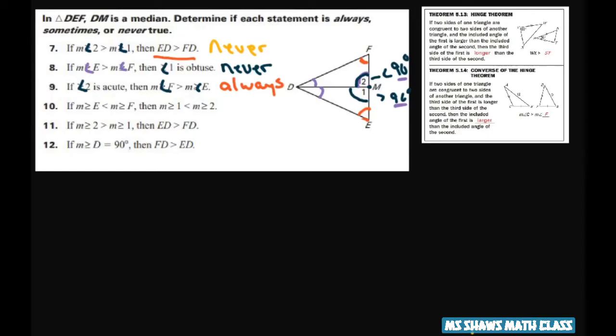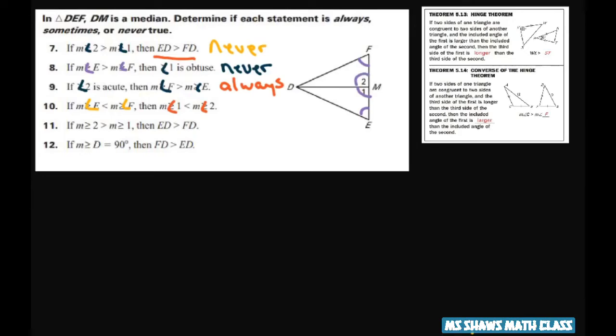Now we have the measure of angle F and E. So let's erase that. These are all angles. If the measure of angle F is smaller than the measure of angle E, then the measure of angle 1 has to be smaller than the measure of angle 2, and we just talked about that.